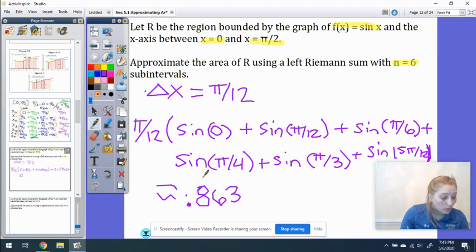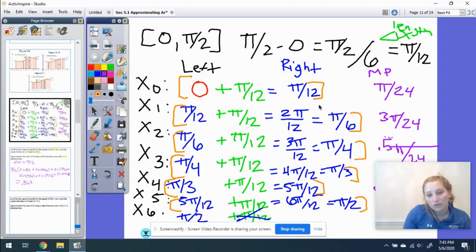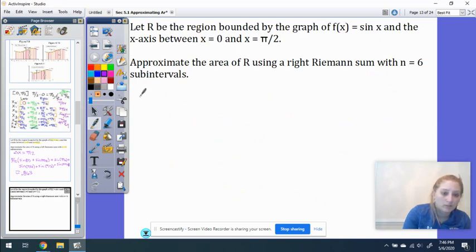Okay, so then we're gonna do the exact same thing on the next slide, except instead of left, we're gonna do right. So now what we're gonna be doing is looking at pi over 12, pi over 6, pi over 4, pi over 3, 5 pi over 12, and pi over 2, okay? So the process is relatively the same.